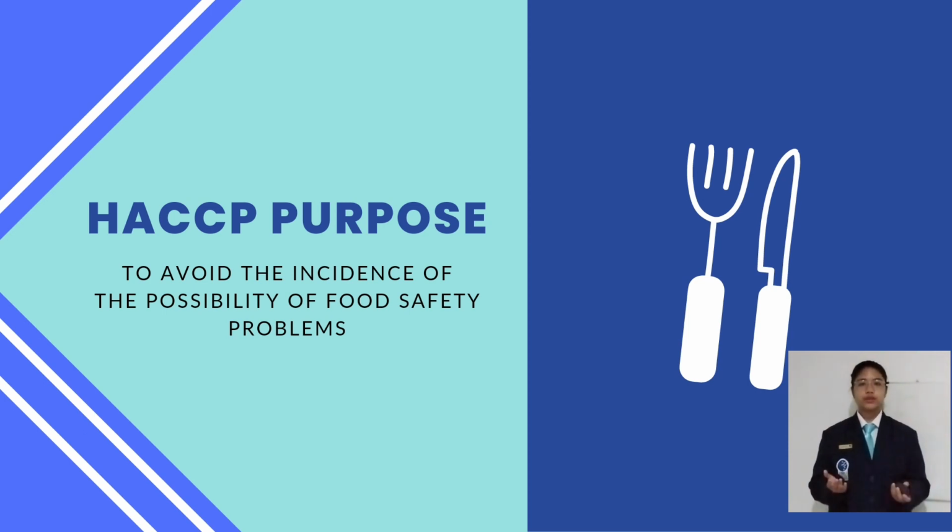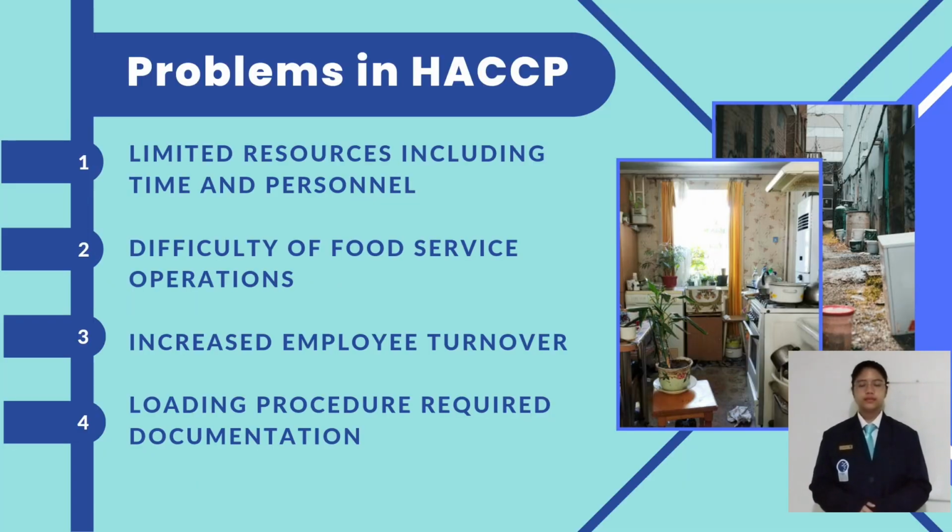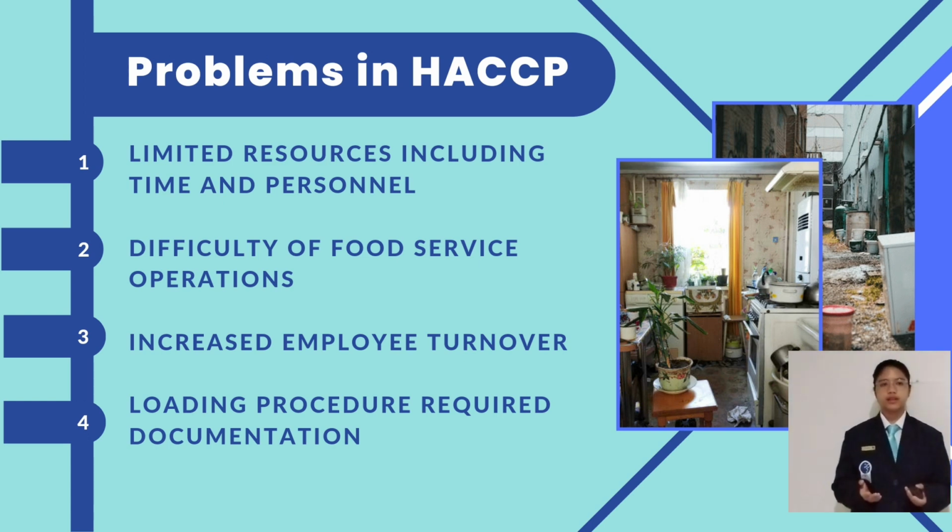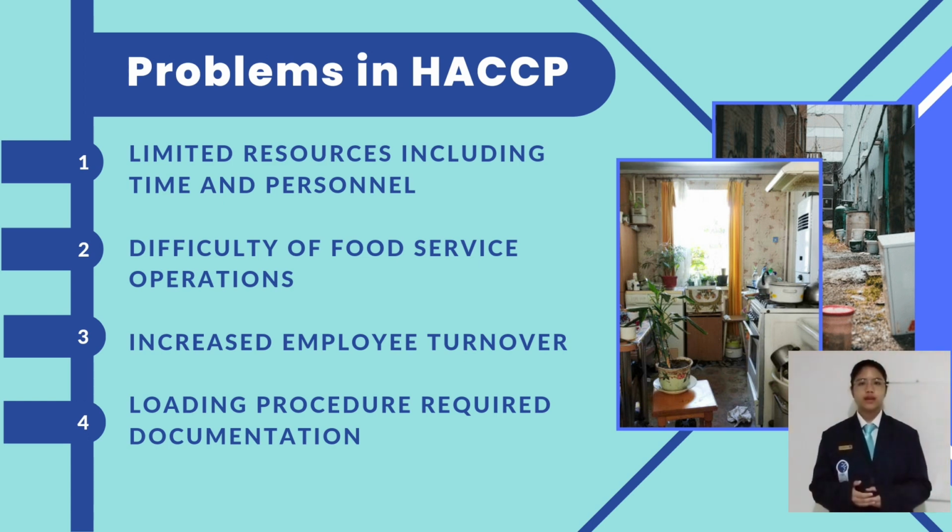So why should we have an HACCP? HACCP's purpose is to avoid the possibility of food safety problems. We can learn from the experience before there was HACCP, when there were problems, especially four problems.